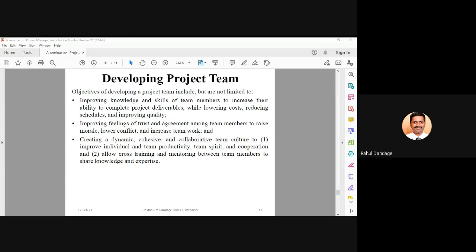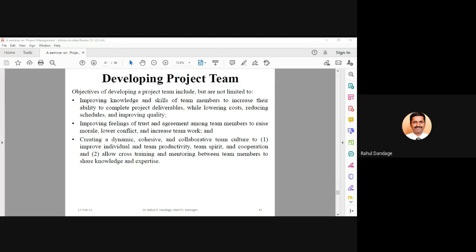They will be motivated to do the work, the conflicts will be reduced, they will have agreement, they will try to negotiate with each other and resolve the conflicts on their own, and the teamwork and team environment will be increased.